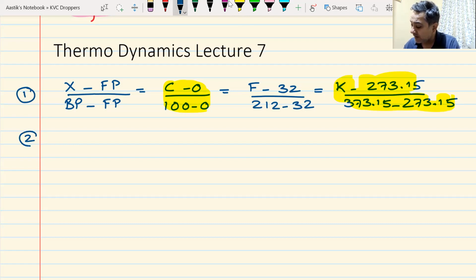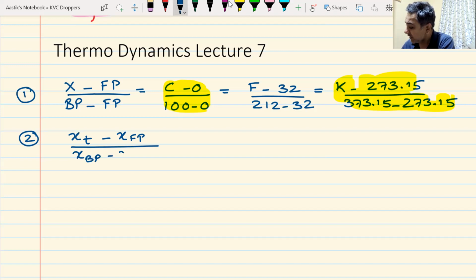The second formula that we had seen was for thermometers. Any value x at temperature T minus the value of x at the freezing point, divided by the value of x at the boiling point minus the value of x at the freezing point.